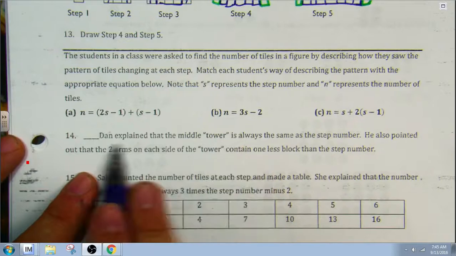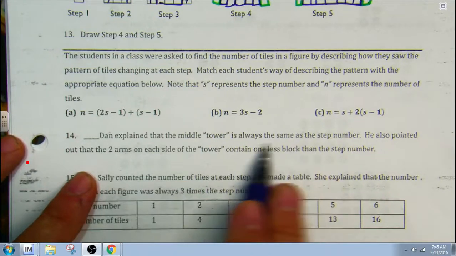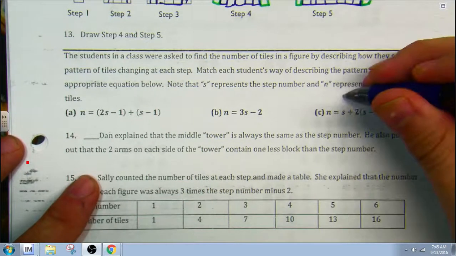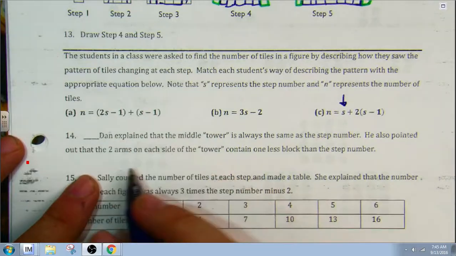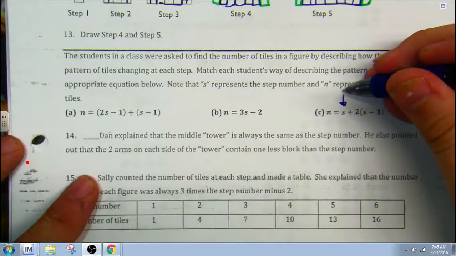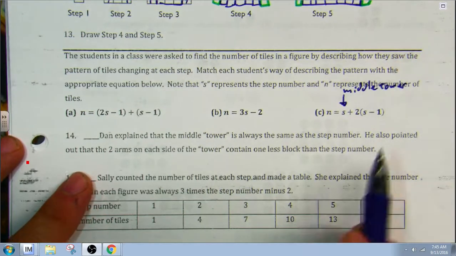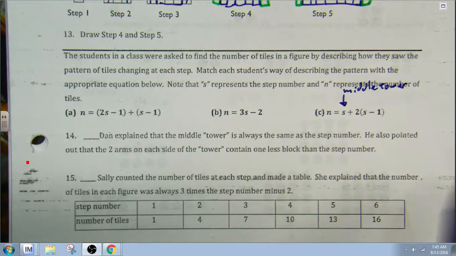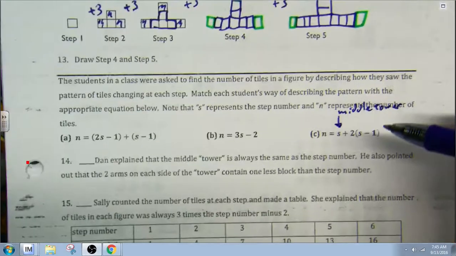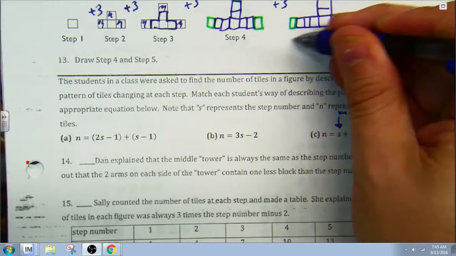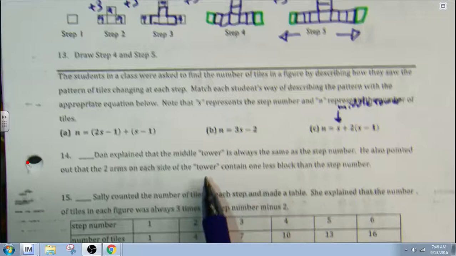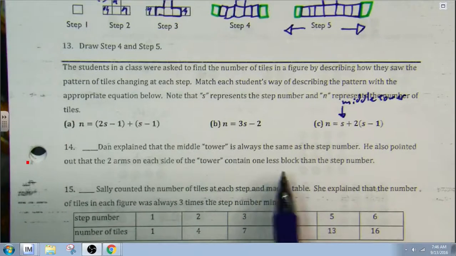3 times the step number. It doesn't really say 3 times the step number. Oh, but here's one where it's just the step number by itself. So Dan explains that the middle tower. So this represents the middle tower. And then he also points out that the 2 arms on each side contain 1 less block than the step number.